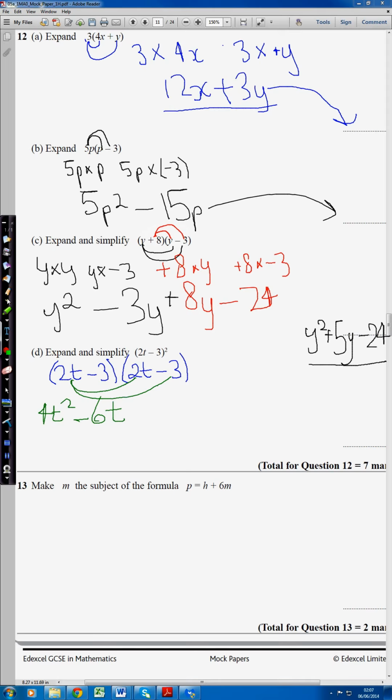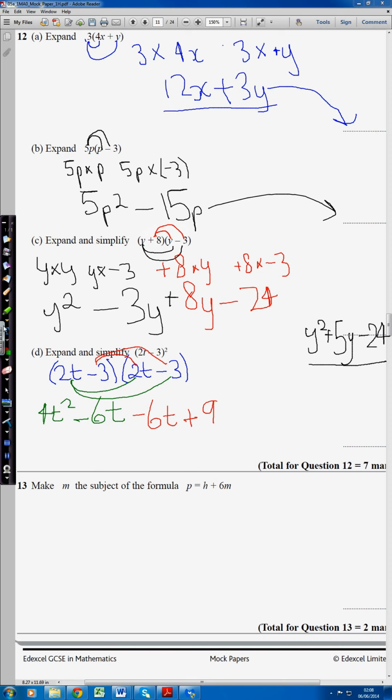Okay, let's have a quick change of color. So now we start the second number. So minus 3 times 2t will give you minus 6t. We have minus 3 times minus 3, that will give you plus 9.